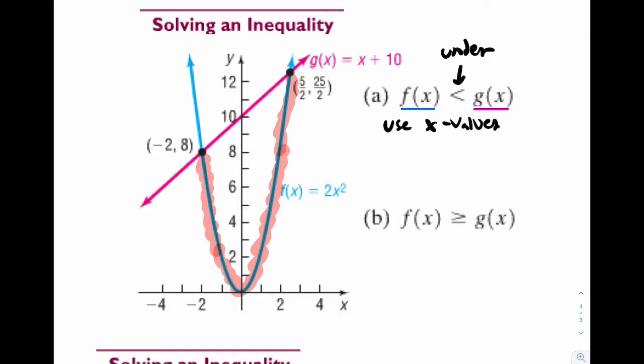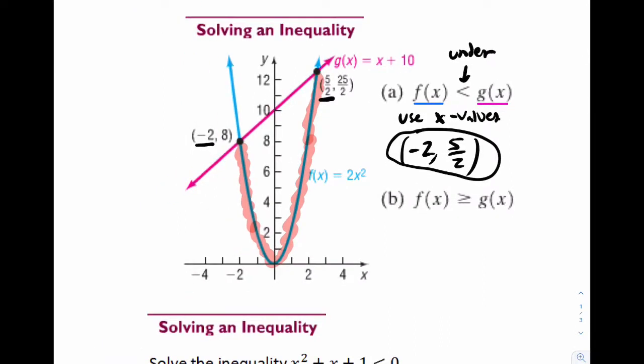That's because we're comparing the value of the y values. So when we say the word under, we're saying the y values here are under the y values on this one. So look at the x values here, and that's what you use to write your answer. Negative 2 to 5 over 2. There's no equal to, so use parentheses.